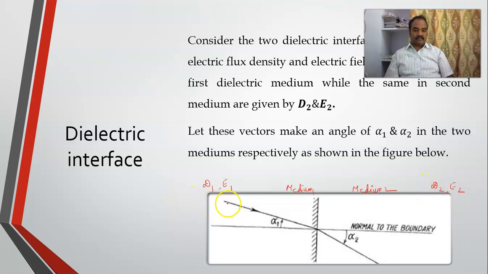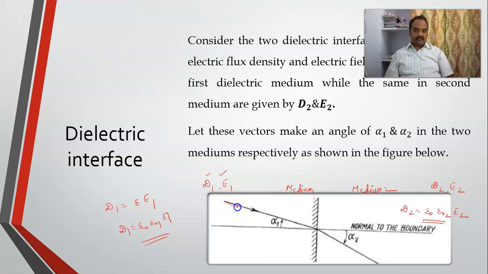Now let us suppose both will be having the same direction, isn't it? The relation between these two is, or I can write it as, similarly here it is, right? These are the two equations.